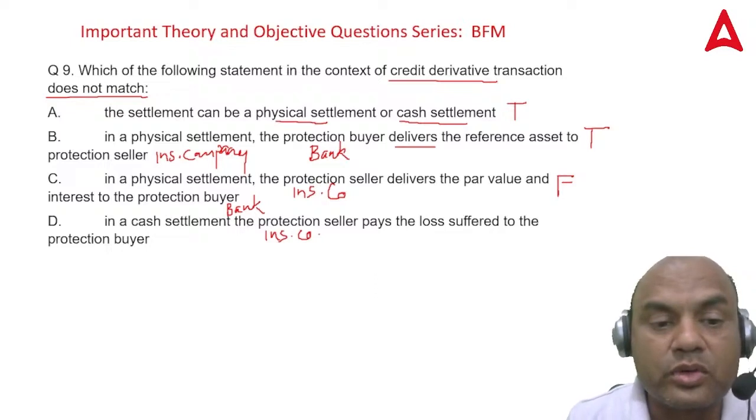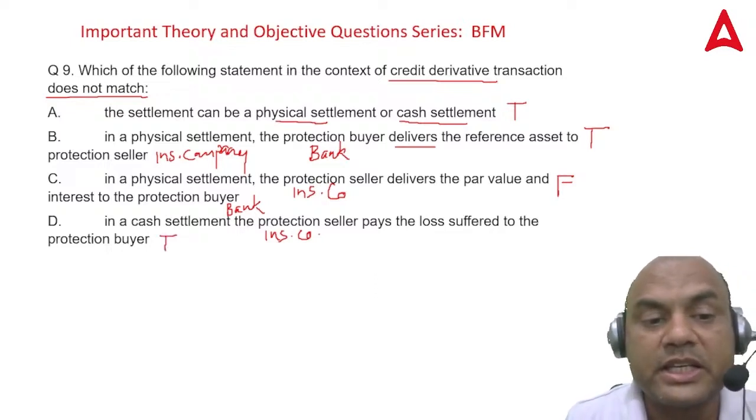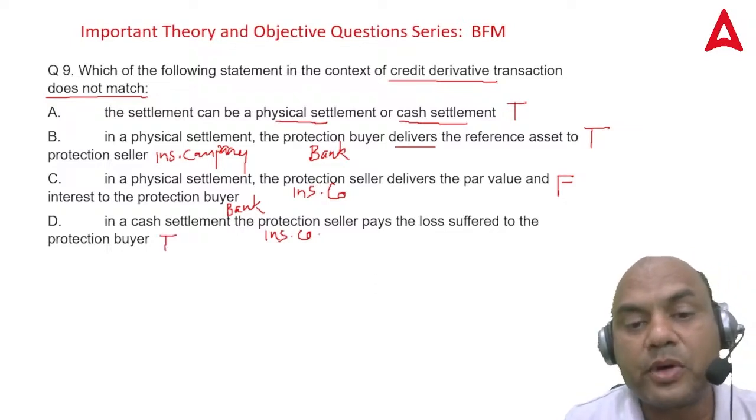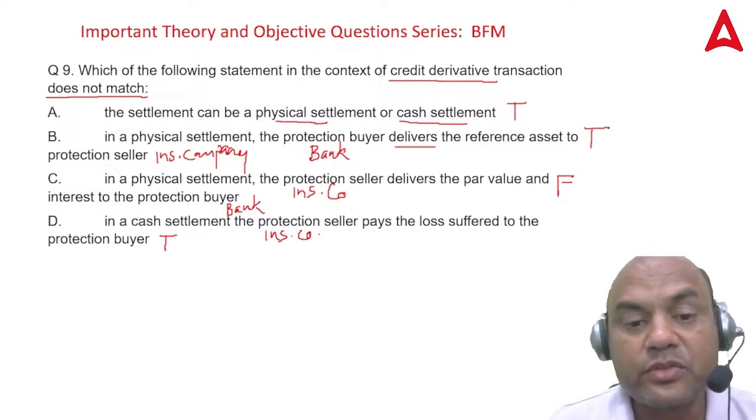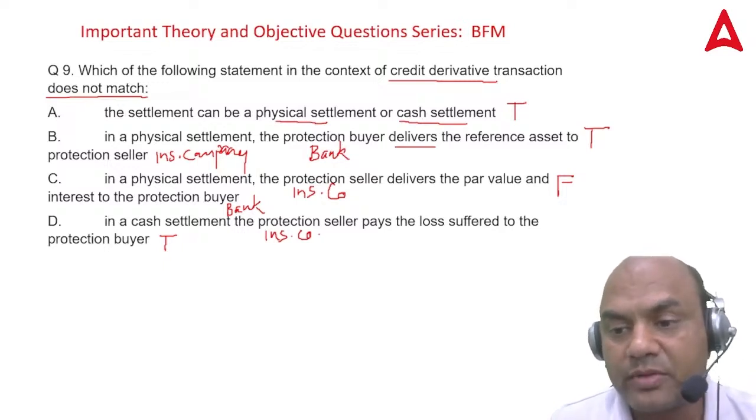So this is also true. So the correct answer, which is false, is C. In physical settlement, the protection seller delivers the par value and the interest to the protection buyer. That is false. Got it, everyone? Next one.